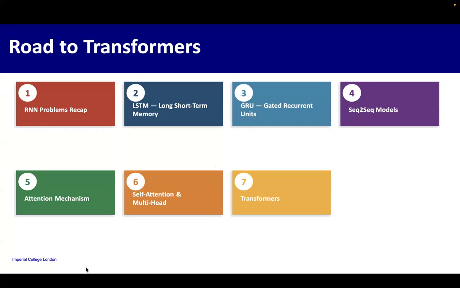But now we said, okay, we have LSTM and GRU that solve the issue of long-term dependencies, long range, but what motivates us to have the Seq2seq model? Can somebody answer?